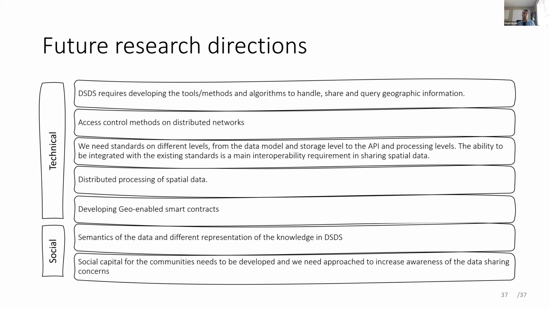We can use DGGS, discrete global grid systems, to address that need. And the semantics of the data are important. The knowledge being shared in distributed data sharing is different for each node that is sharing the data. Each individual entity will be able to share data, so we need an approach to address the semantics of the data as well.